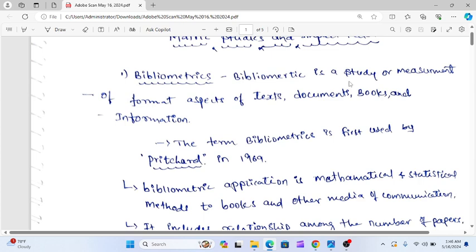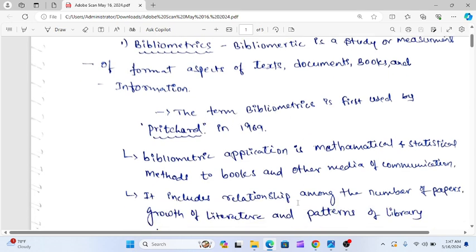Bibliometrics is the study or measurement of formal aspects of texts, documents, books, and information. Why do we use bibliometrics? For the measurement of books, texts, and book information in a quantitative way.